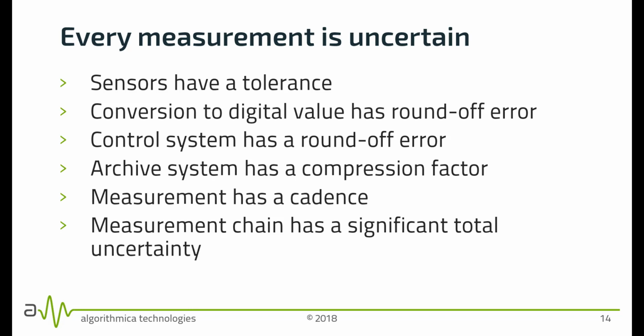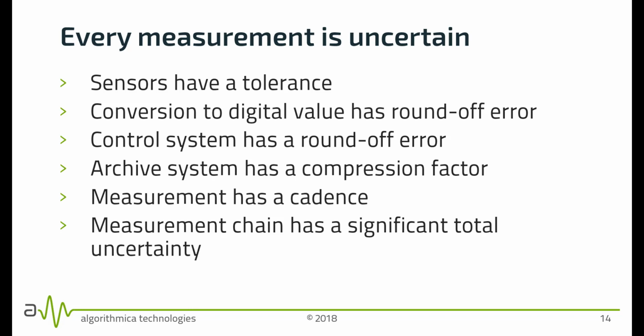After you have measured the value with the sensor, which is usually an analog electrical signal coming out of the sensor, that is converted into a digital value, and that conversion has a round-off error, in other words, an uncertainty. That digital value arrives at the control system and is again subject to a round-off error.